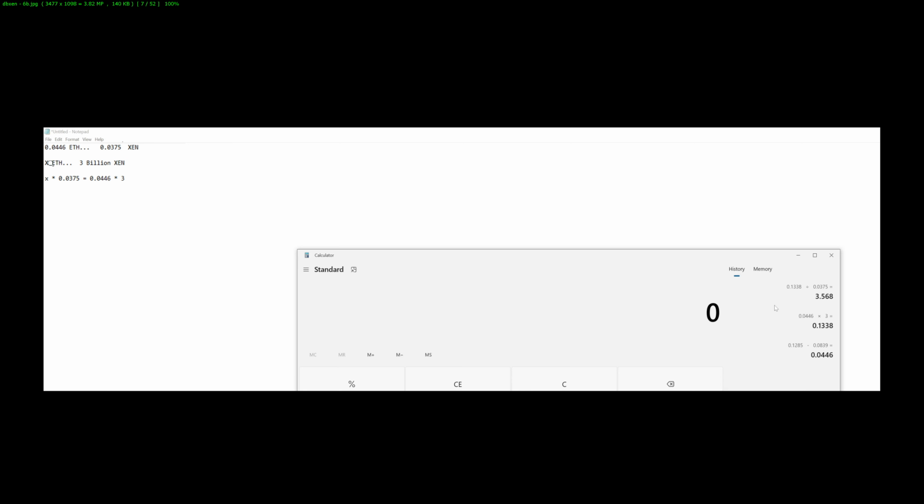So we want to calculate how much it would cost us to burn 3 billion Zen. I'm trying to find the name for this calculation. I think it's proportional math.